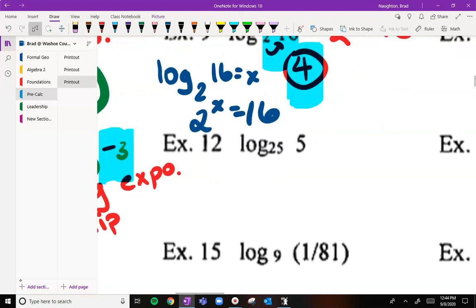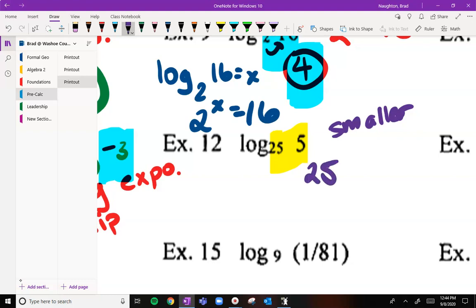All right, so let's look at this next one. I'm going from 25 to 5. So, the idea is, because I'm getting smaller, I can't just say that my number is going to be a whole counting number. It's going to be a fraction or a decimal. Okay? So, 25 to the what power is 5? Well, obviously, it's not going to be negative because we're not flipping anything. I'm just getting smaller.